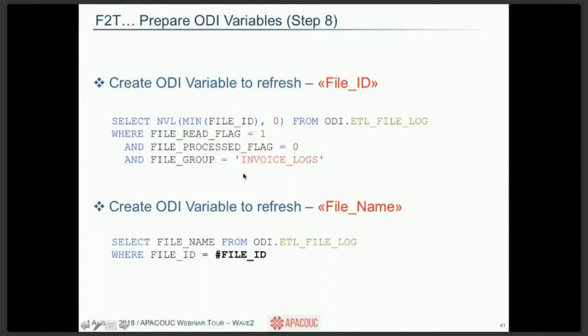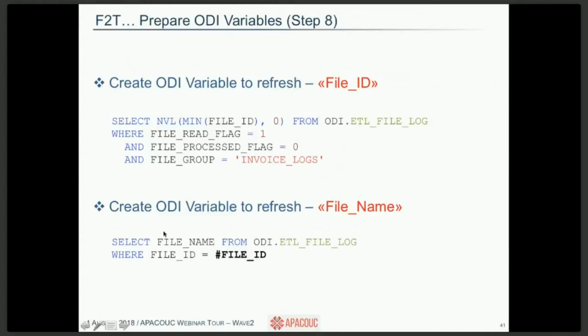As I told you, you can use many file groups within the same architecture with different templates of files, and by copying the package, which we will discuss 2 or 3 slides later, you can parallelize everything, because there will be only one file read flag and file process flag with this SQL statement.